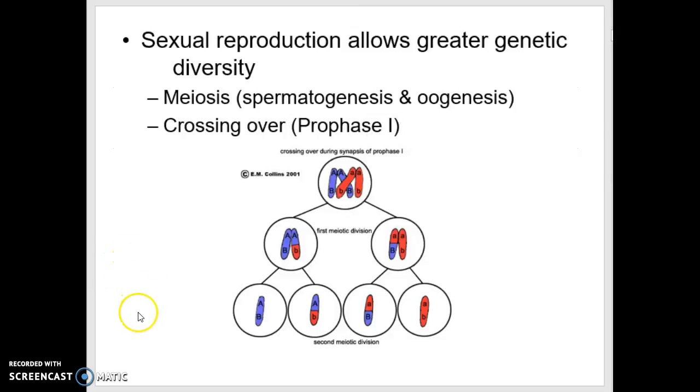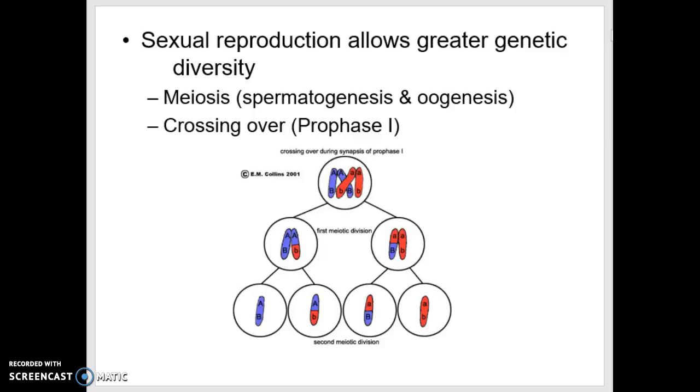Huge genetic diversity results from that. This is why whenever you have multiple children from the same two parents who reproduce sexually, they are not identical because of crossing over. So you have so many billions and billions of combinations that give us such a great genetic diversity. It's amazing when we look at sexually reproducing organisms and the genetic diversity they can produce.